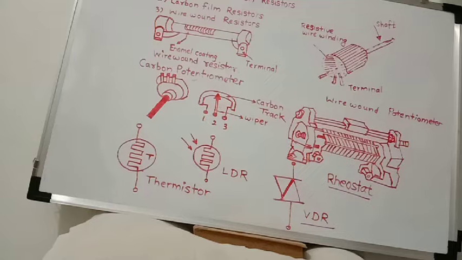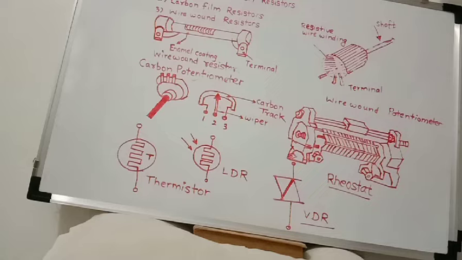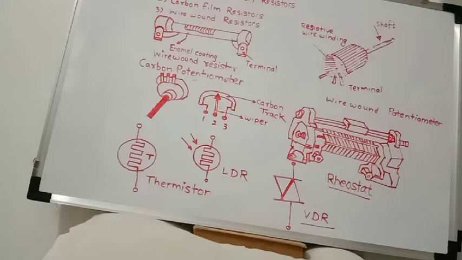The cost of the resistor depends upon its wattage; a high wattage resistor is more costly than a low wattage resistor. On a carbon composition type resistor, there are 4 color rings, and by the color code method we can find out the value of that resistance.